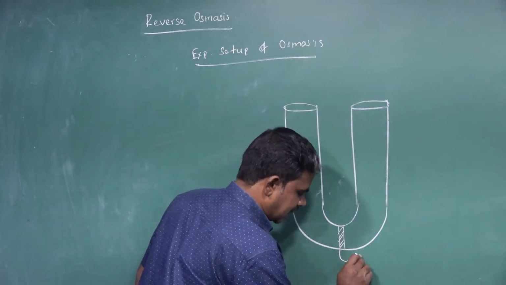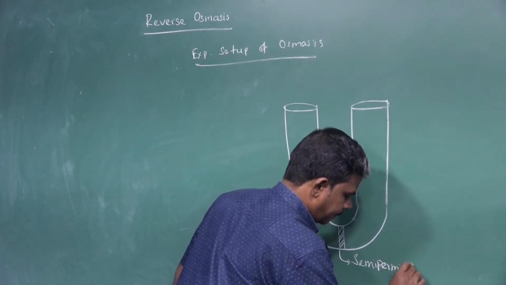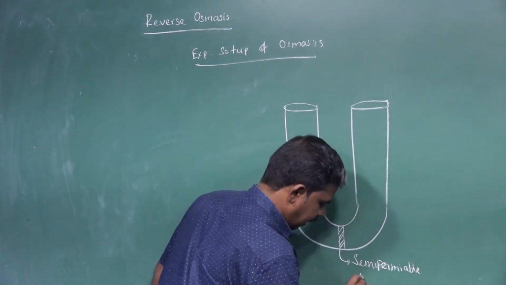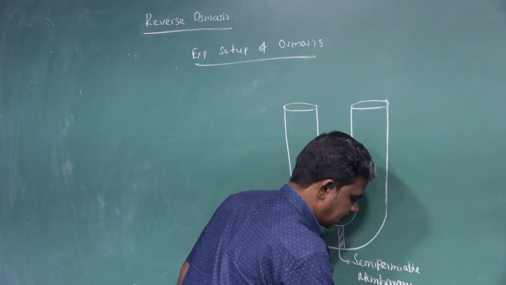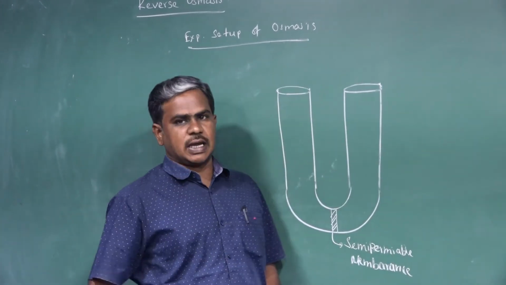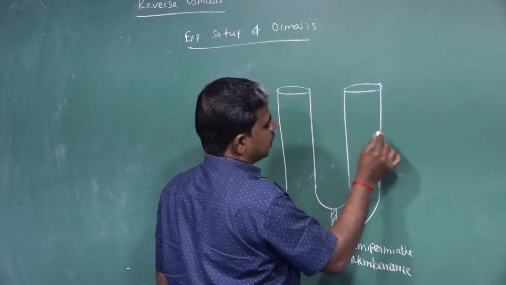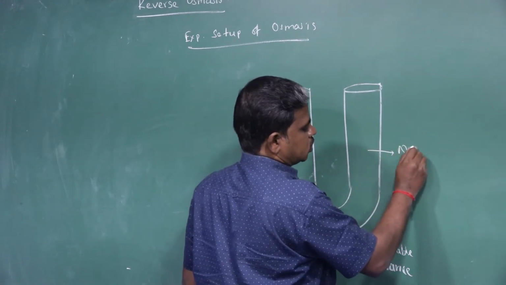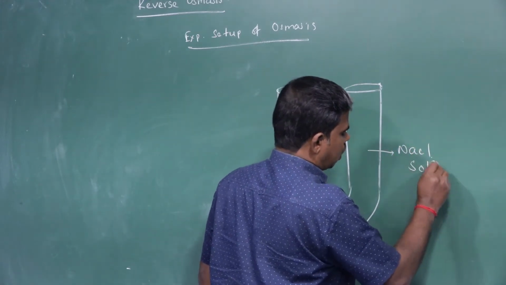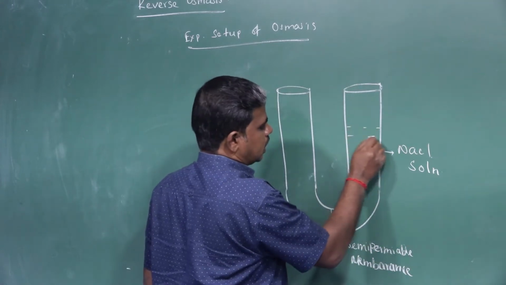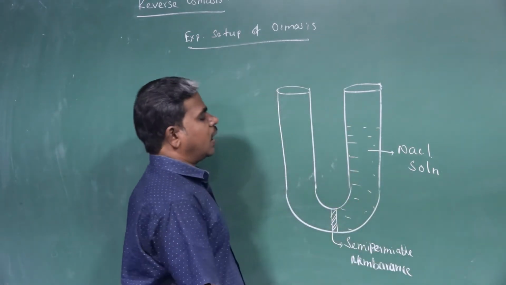So it is a semi-permeable membrane which is made up of cellulose acetate or polyamide. Now, here we fill the sodium chloride solution, NaCl.